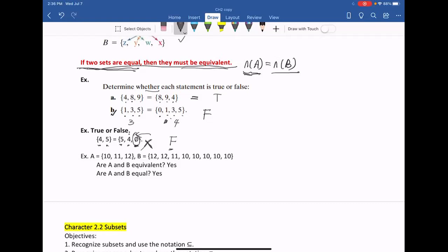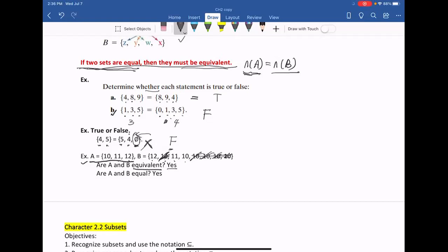We put false here. Next example, A equals {10, 11, 12}. B equals {12, 12, 11, 10, 10, 10, 10, 10, 10}. I prefer to cross out the repeated elements. So what's left? 12, 11, 10. And A is 10, 11, 12. Are they equivalent?